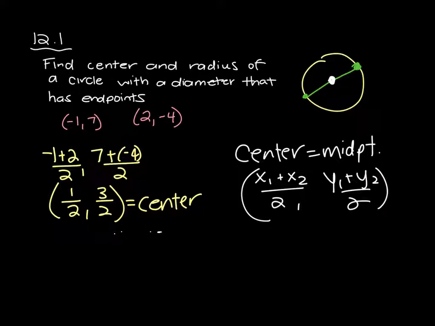And then the next thing it asks for is the radius. So each of these little segments would be a radius, right? So the radius is the distance from the center to the side or the center to one of those endpoints. There's two ways to find the radius based on the information that they give you. What's one way?